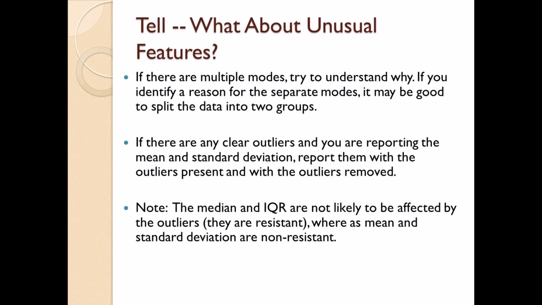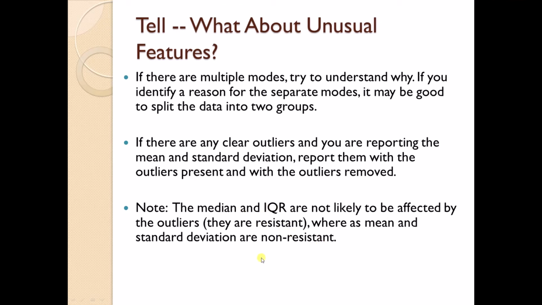All right, if you have any clear outliers and you use the mean and standard deviation, it might be a good idea to report them with the outliers present and with the outliers removed. You're going to see different things because both of those measures, the mean and the standard deviation, are not resistant. So if you take out outliers, they're going to change. Again, your median and IQR are not likely to be affected by the outliers because of the resistance of the measures.